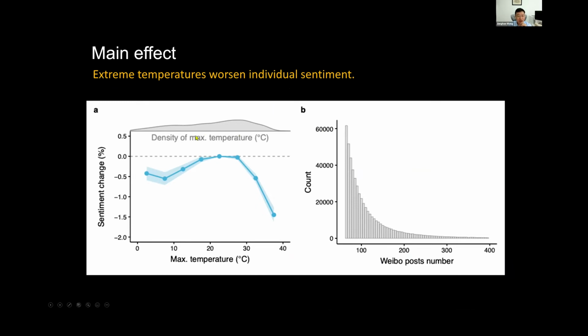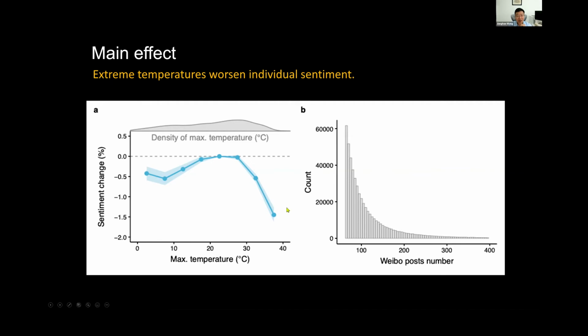We're also using individual level data to study these questions. That is, we collect individuals' historical tweets to study how human sentiment is altered by different temperatures, because people may post different posts at different temperatures.